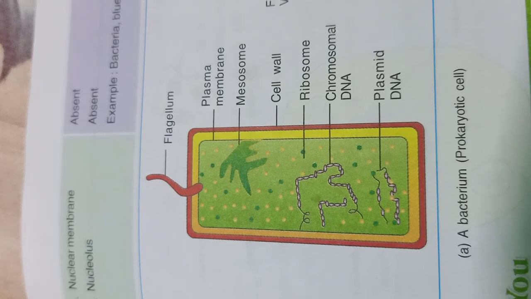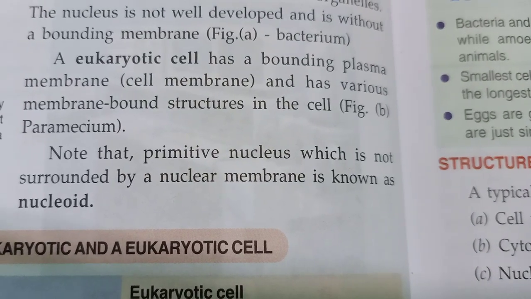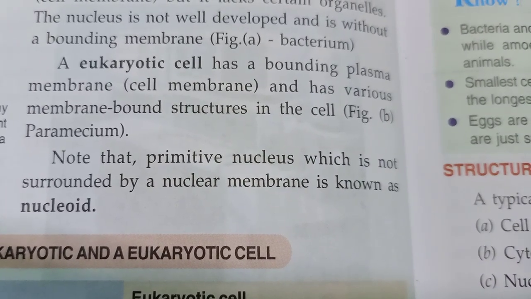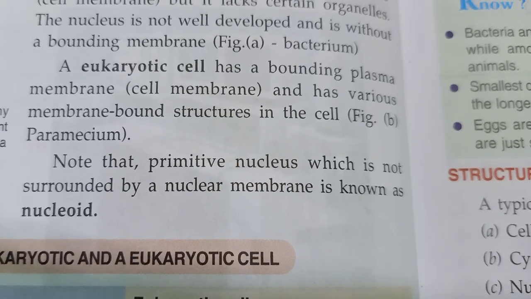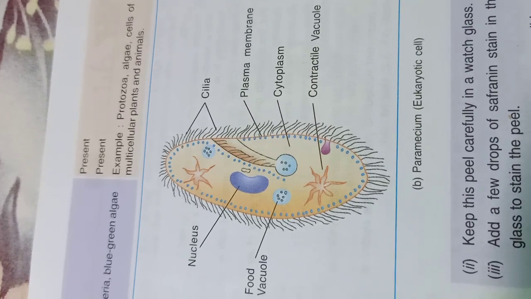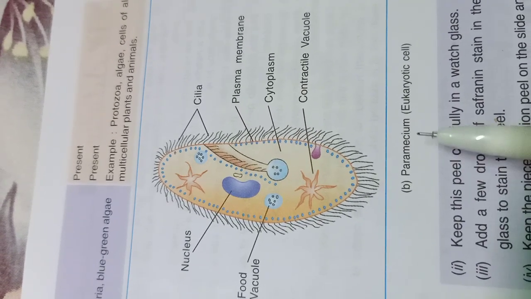Now we see what a eukaryotic cell is. A eukaryotic cell has a bounding plasma membrane and has various membrane-bound structures in the cell, for example, paramecium. Now we can see the picture. This is the picture of a eukaryotic cell, example paramecium.